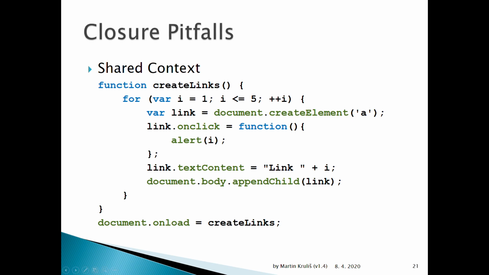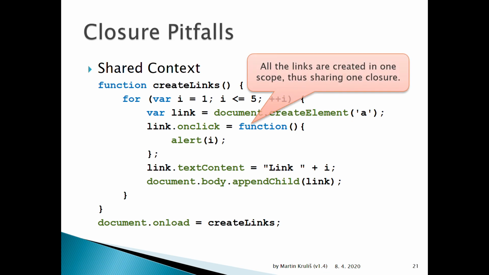This onClick function is supposed to behave slightly differently for each of these links, so it's supposed to somehow print out or alert the index of the link. So assuming that i is the index of the link, it's supposed to work slightly differently for every link.